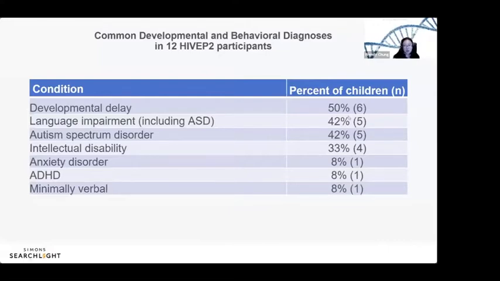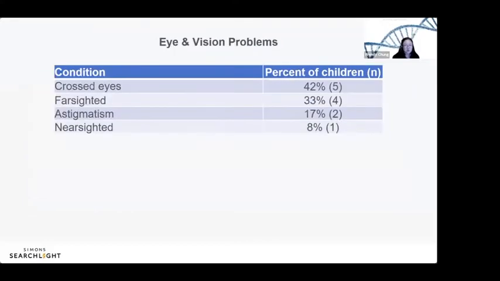As you can see, again, these are small numbers, but every one of the children or young adults has at least one of these. And as you can tell by adding up the numbers, because they add up to more than 12, they add up to more than 100%, many individuals have more than one of these conditions or more than one of these behavioral issues. That's the most of what we see.